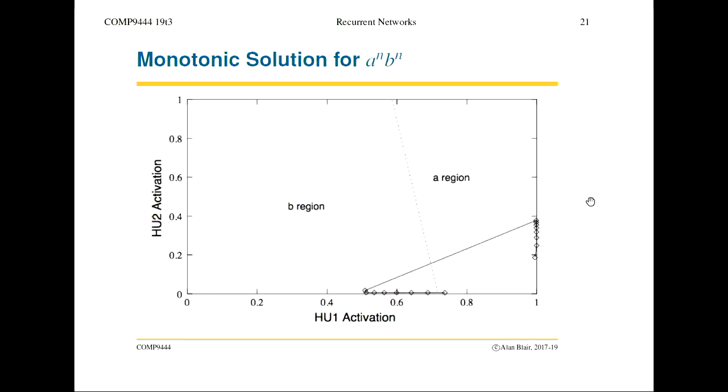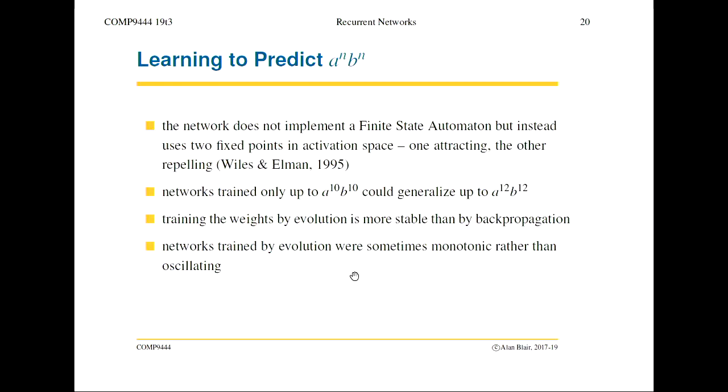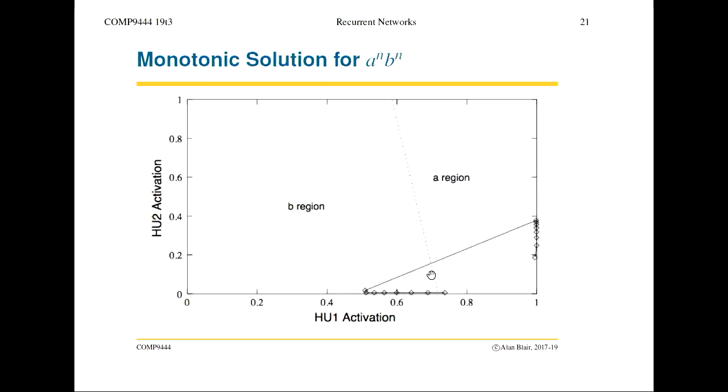Now, some later work, we later found that if we trained these networks by a process called evolutionary algorithms, we could actually get a more stable solution. But sometimes the evolved solutions had a monotonic rather than an oscillating behavior. So the oscillating behavior went like this.